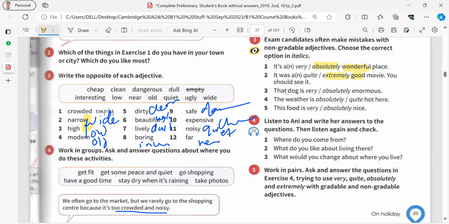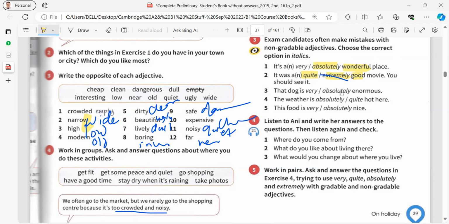Next one. Sorry, Nawaf, you can't say quite extremely good. Here, quite good. Why? Because extremely comes with non-gradable adjectives. Quite only with gradable. You can say very good, so good.